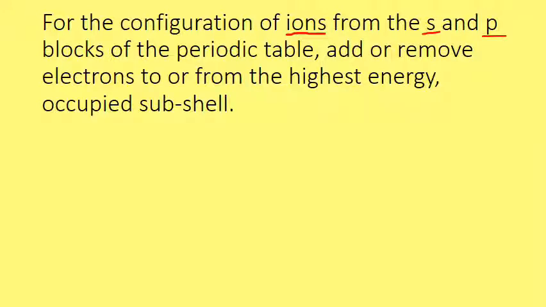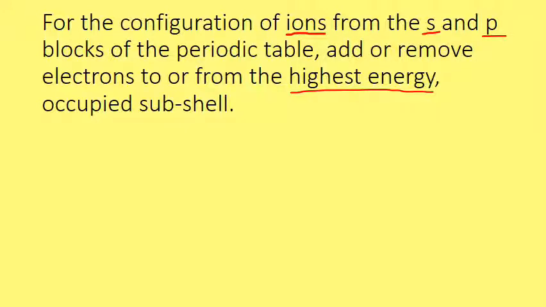We're talking about the elements in the s and p blocks of the periodic table. And it occurs to me that you might not be familiar with the different blocks of the periodic table, so we'll cover that in a second. Now we're adding or removing electrons depending on whether we're dealing with metals or non-metals, and we're going to do that, add or remove, from the highest energy occupied subshell.